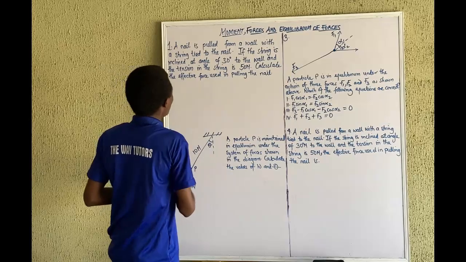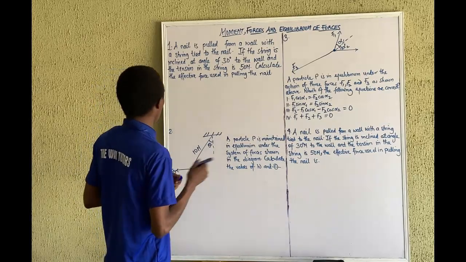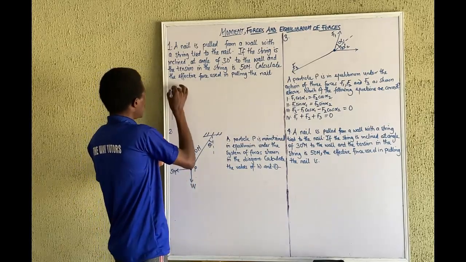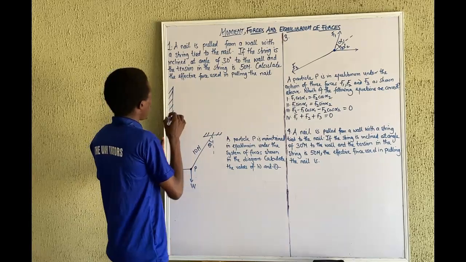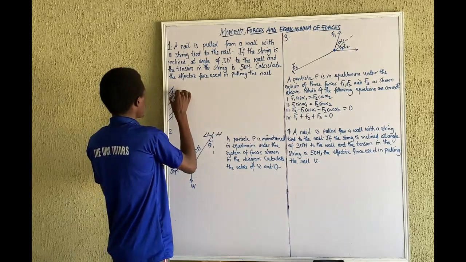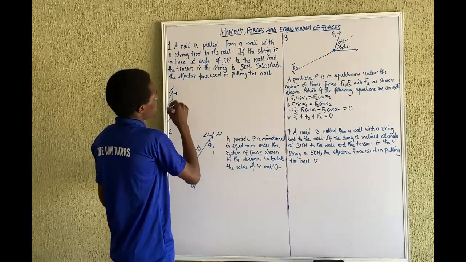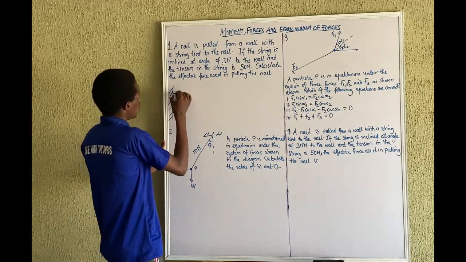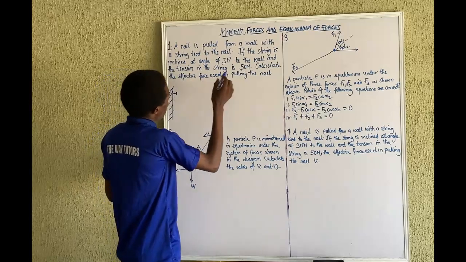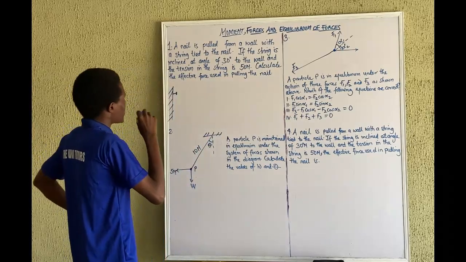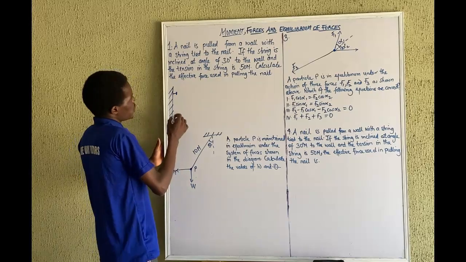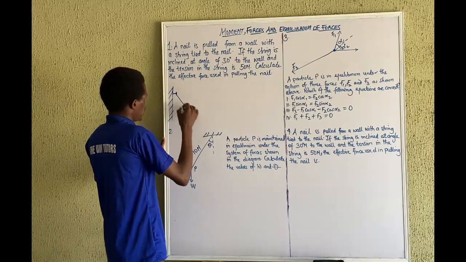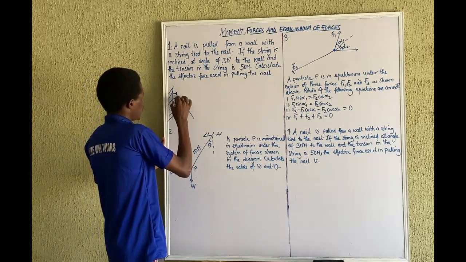Now, a nail is pulled from a wall. So let's have the wall. This is the wall. Then you have the nail. A nail is pulled from a wall with a string tied to the nail. If the string is inclined at 30 degrees to the wall, this is it, 30 to the wall.